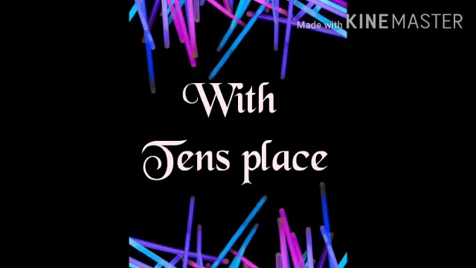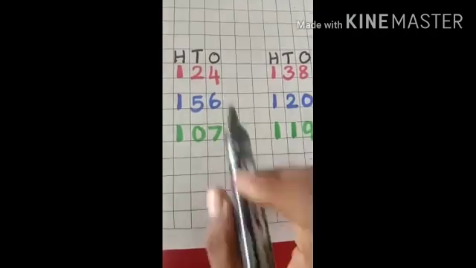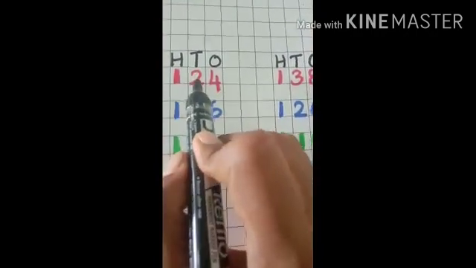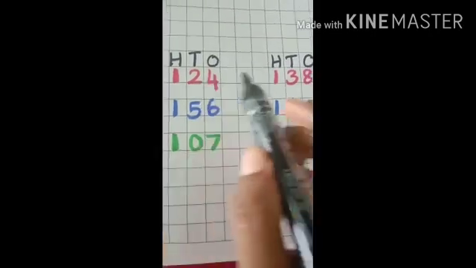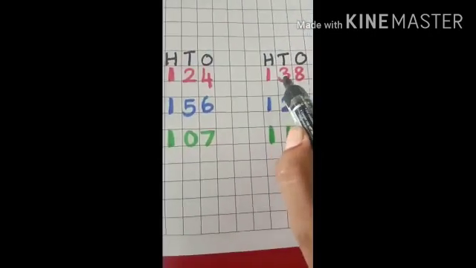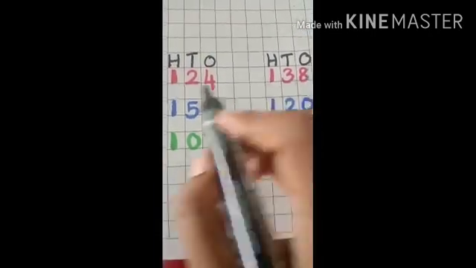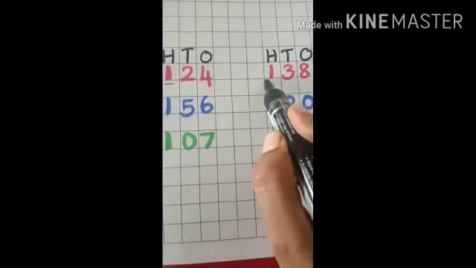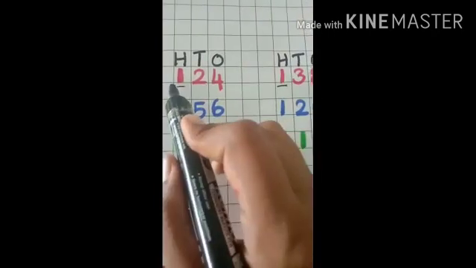Okay, cuties, now we are going to compare the numbers with the tens place. Here we got some numbers. 124, 138. First we are comparing the hundreds place. Yes, we got 1 in the hundreds place.